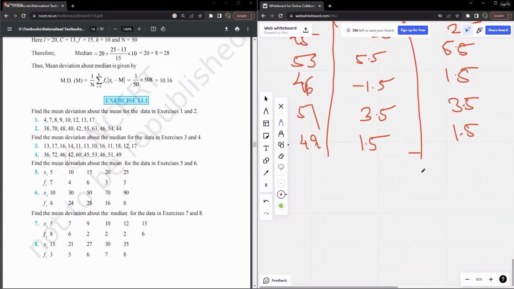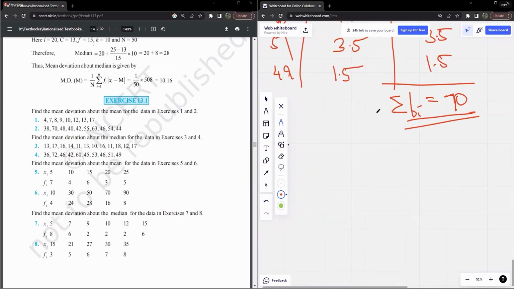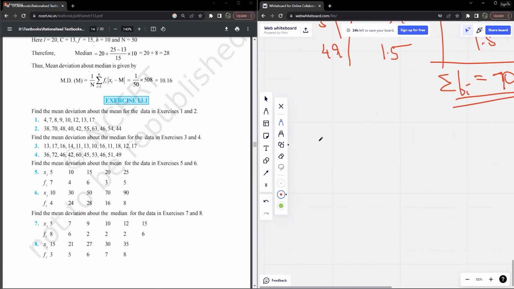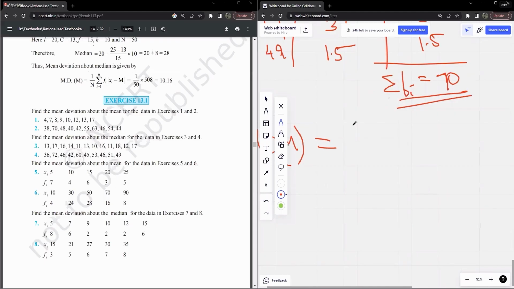Right. So basically, I'll have sigma fi being equal to 70. So finally, I have the mean deviation above the median equal to sigma fi divided by n, which is 70 divided by 10, which is 7.0.